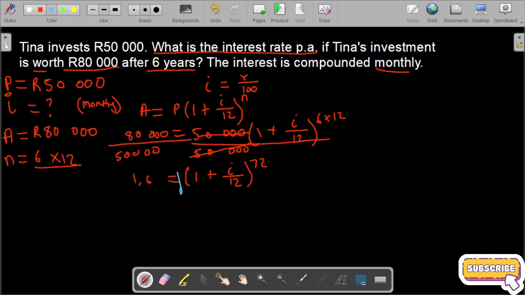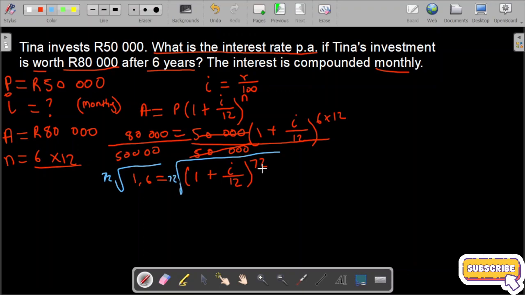I'm just going to take the 72nd root, so that you can understand what I'm trying to do here. I also have to do the 72nd root on the other side. So what I do here, I do here.